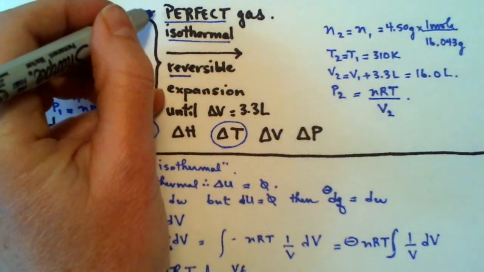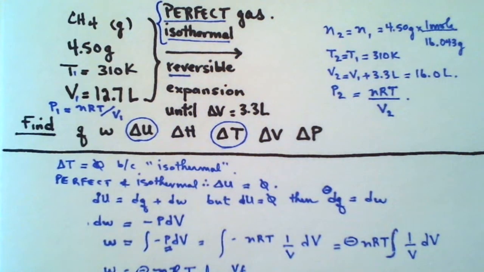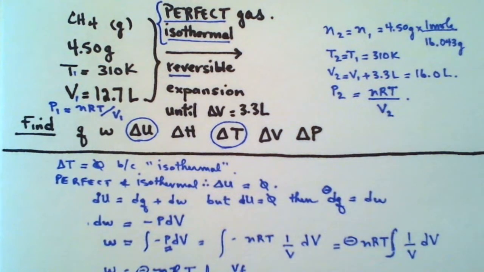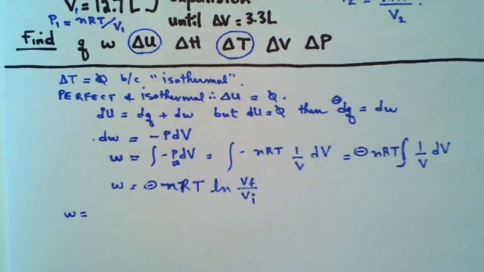Only in the case of perfect and isothermal, constant temperature, can you essentially relate pressure and volume inversely. But we know both volumes, so we'll leave it like this. And so we'll continue and do the solution.